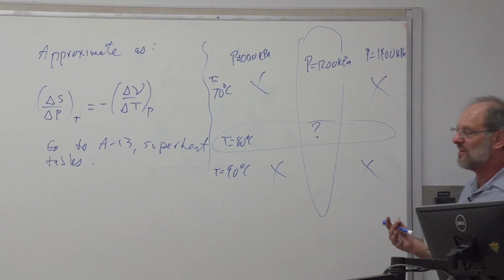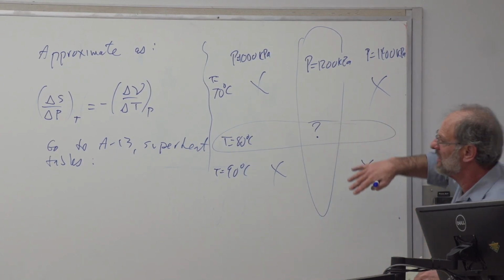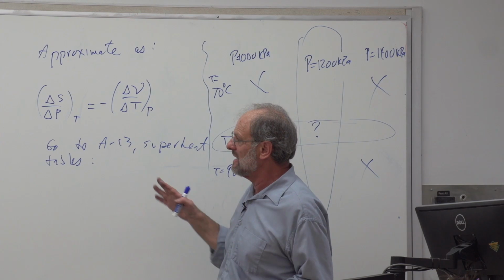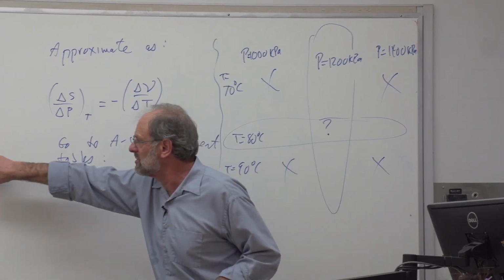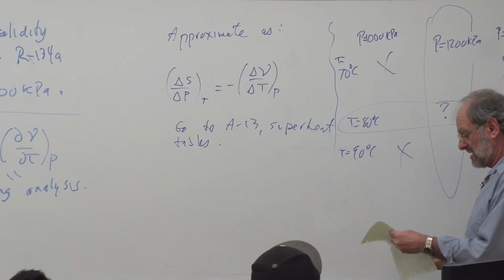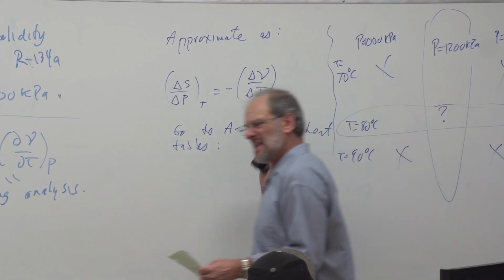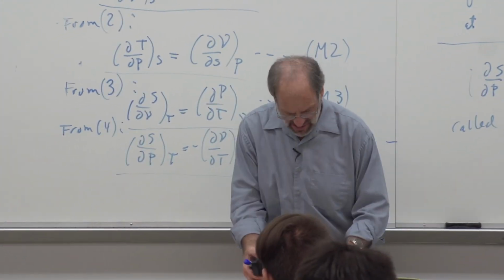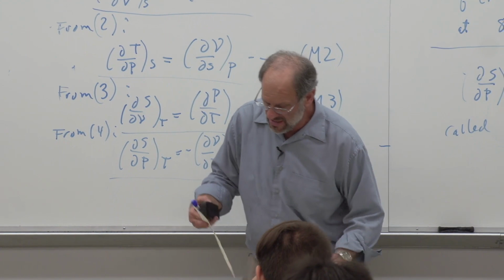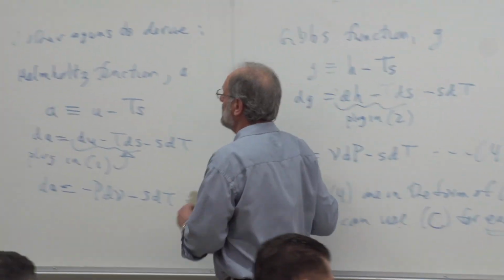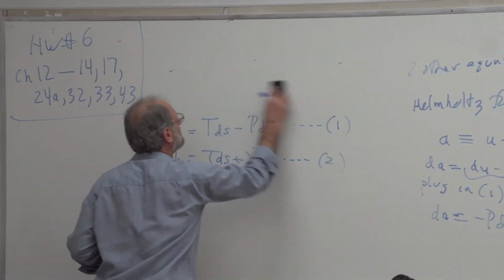I mean, that's really what we'd be looking for. But right now, we're just trying to use this bounding analysis in order to validate one particular Maxwell relation, which is just this one, approximated as this one. So with this all in mind, and again, that's just a little figure that'll hopefully help you understand this material, let's now go into table A13.